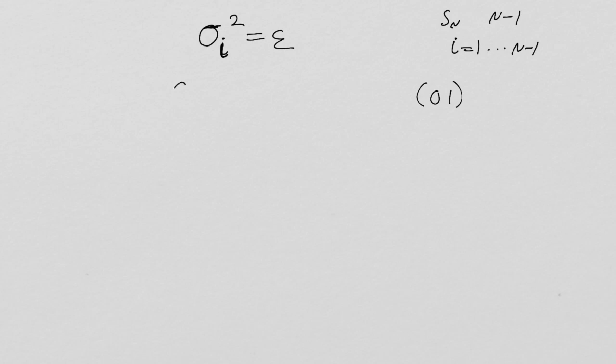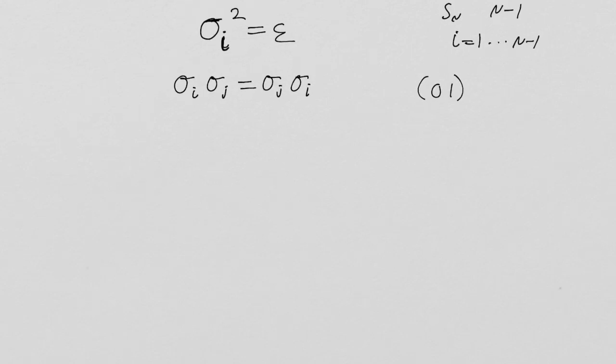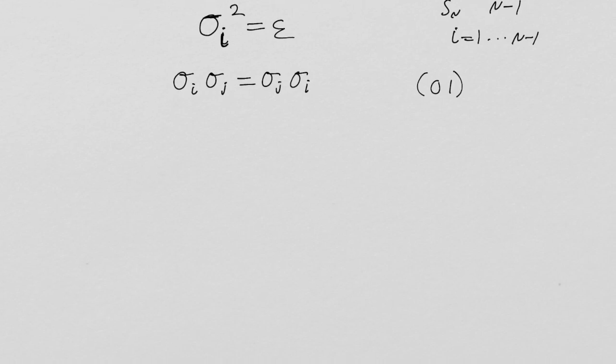And then we say that sigma i commutes with sigma j if i does not equal j plus or minus 1, right? So what we're saying is that i and j cannot be 2 adjacent numbers in this list.